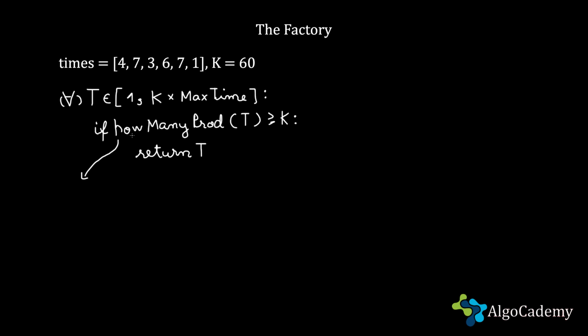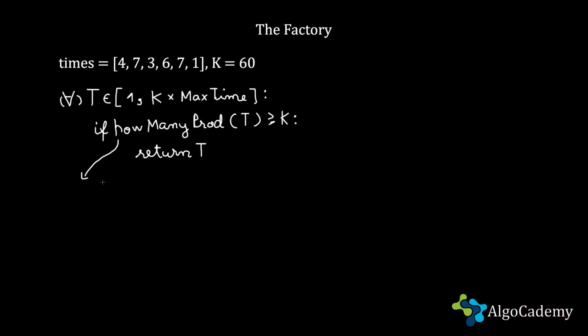How many products of t? Well, we kind of answered that during the example, right? We have seen that for each and every worker, we need to add to the total number of products the integer part of t divided by the time it takes that specific worker to pack one product.